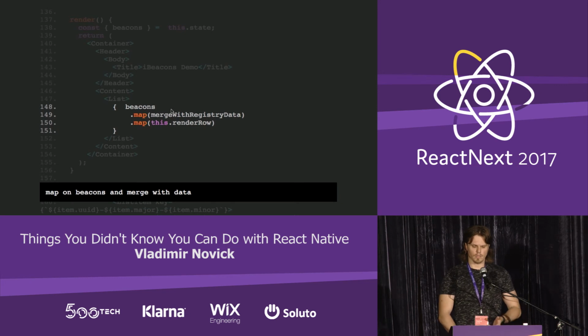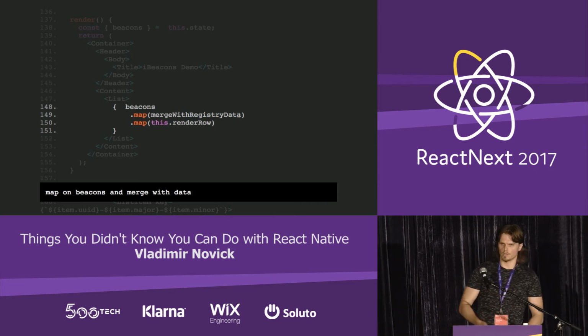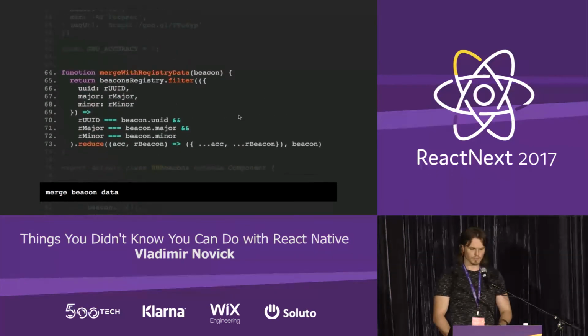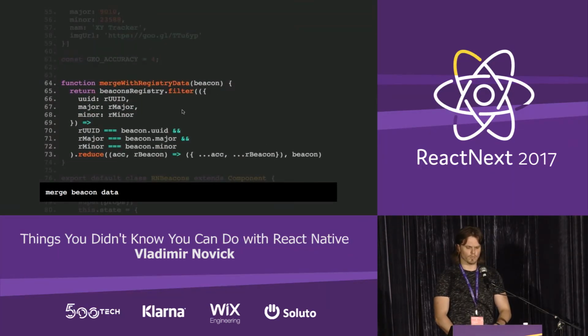And then I basically map on all my beacons array and merge it with registry data, the same data we looked at the beginning, and render all. That's what you've seen in the application right now. And this is the merge with registry data function. So I compare unique ID, major and minor, as I told you before.